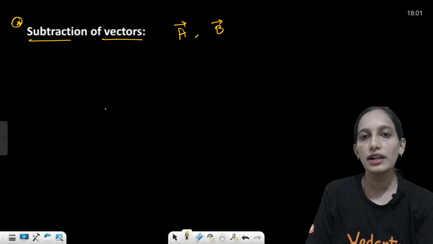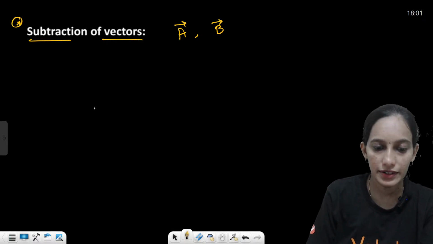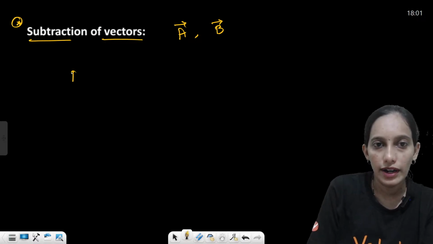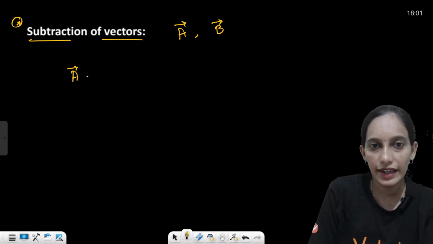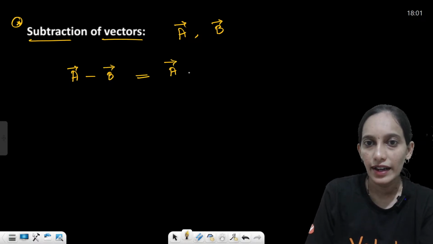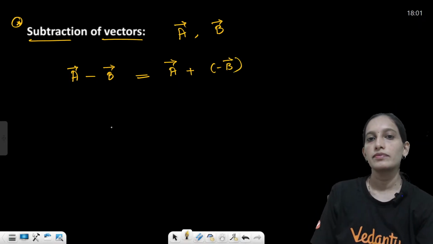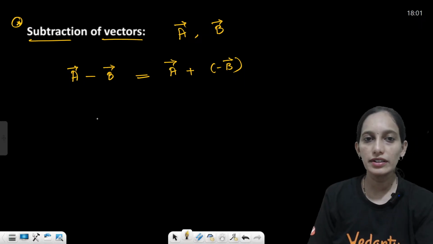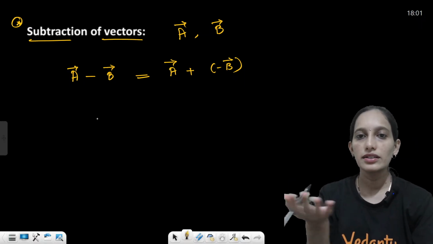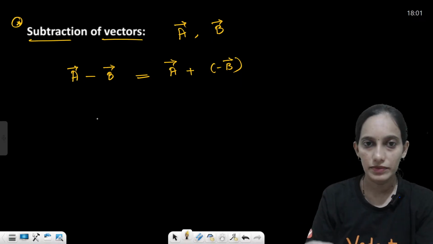I should write it as a vector minus b vector, or this is equivalent to saying a vector plus of minus b vector, correct? Mathematically one and the same, a minus b is equal to a plus of minus b, correct?